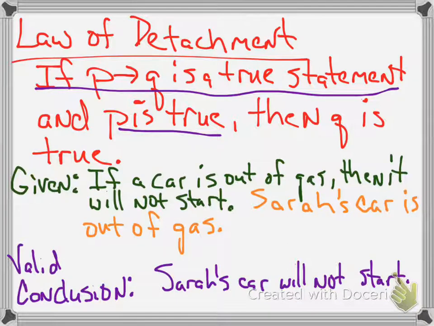So we're saying, if I have all of this, and we know Sarah's car does this, it's a more specific example, then I can come up with a valid conclusion that Sarah's car will not start because she's out of gas. And the purple there would be this part of the law of detachment. Okay? Let's look at an example of one that is by geometry.